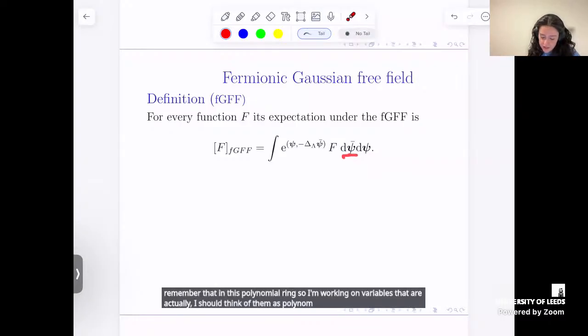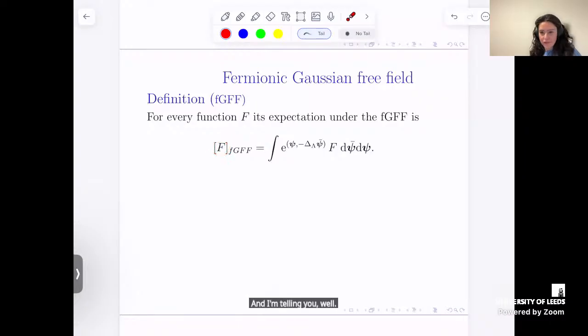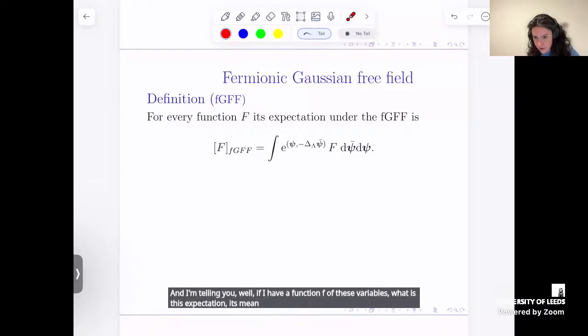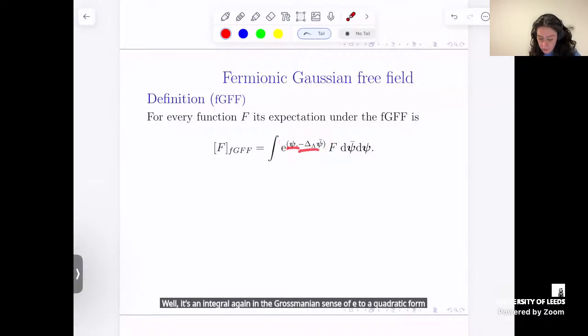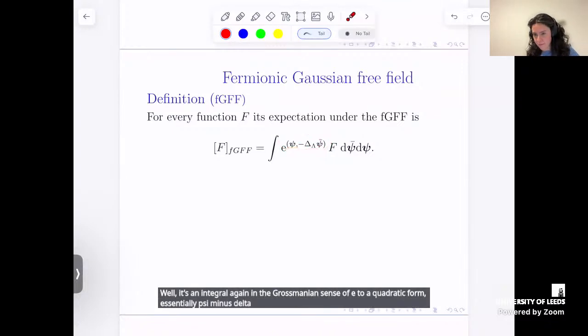The polynomials are written in these variables, psi and psi bar. And I'm telling you, if I have a function f of these variables, what's its expectation, its mean under the fermionic GFF? Well, it's an integral, again in the Grassmannian sense, of e to a quadratic form, essentially psi minus delta lambda psi bar, times f.